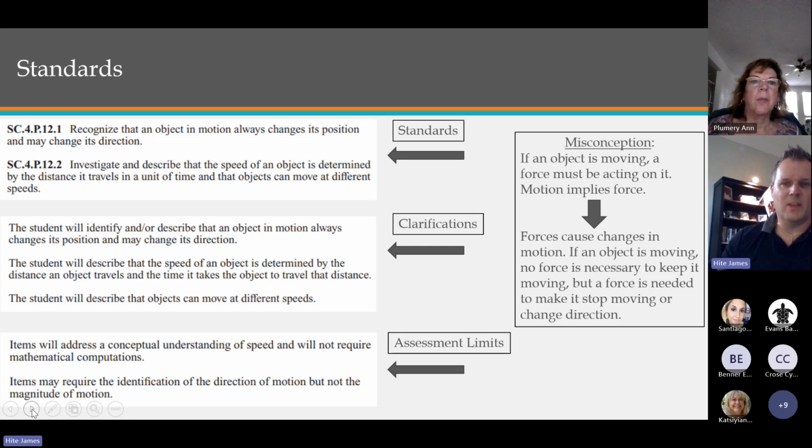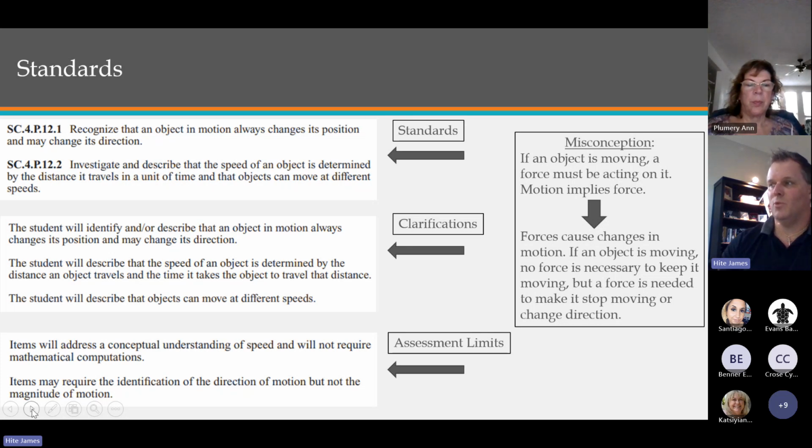And there's a cool little misconception, because students do have lots of misconceptions with items in motion. There's a common student misconception: if an object is moving, a force must be acting on it. Motion implies force. Not all the time. Forces cause changes in motion.